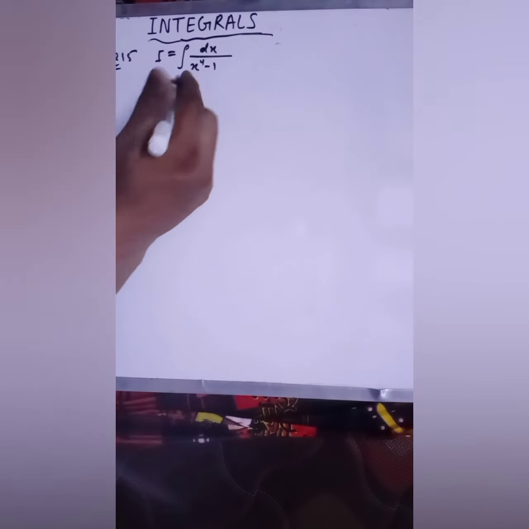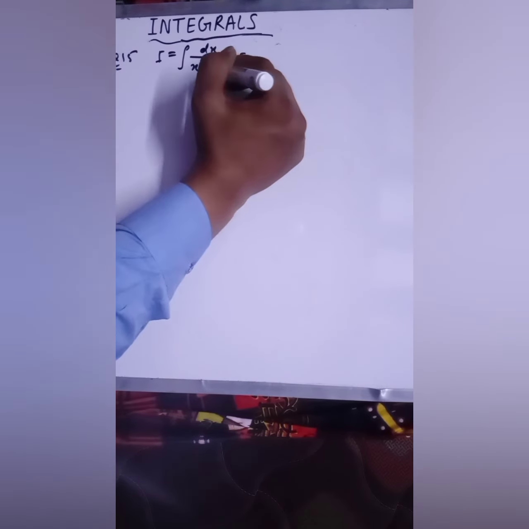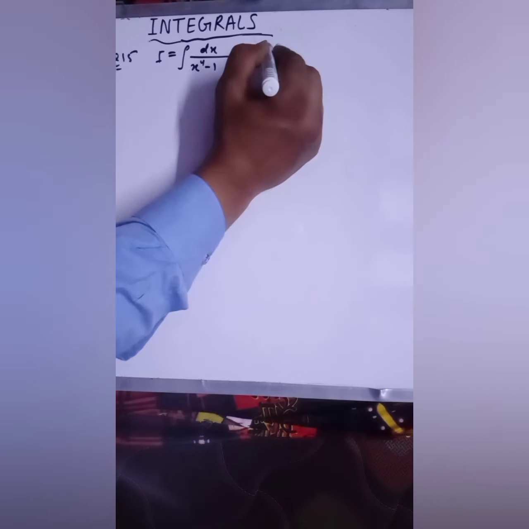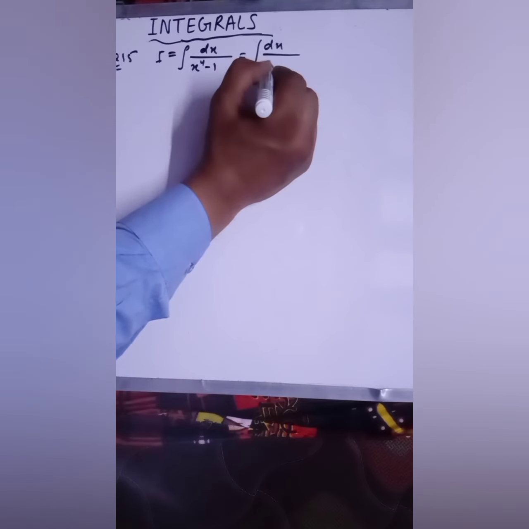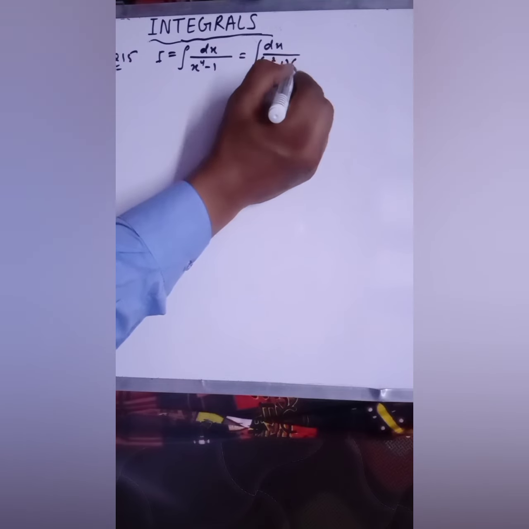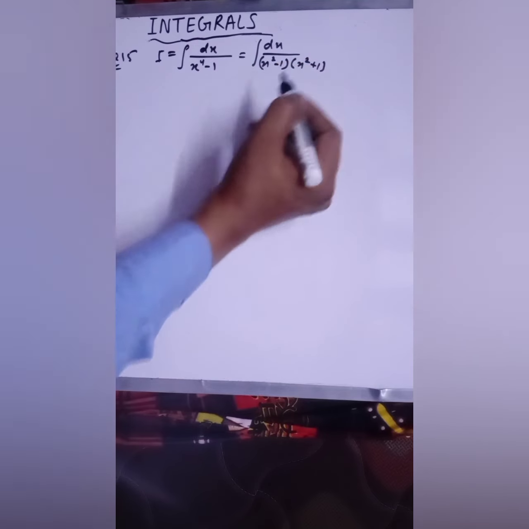Now see children, this is question number 15. In question number 15, what you have to do is just simplify the denominator. So in place of the denominator, I'm writing x square minus 1 and x square plus 1.